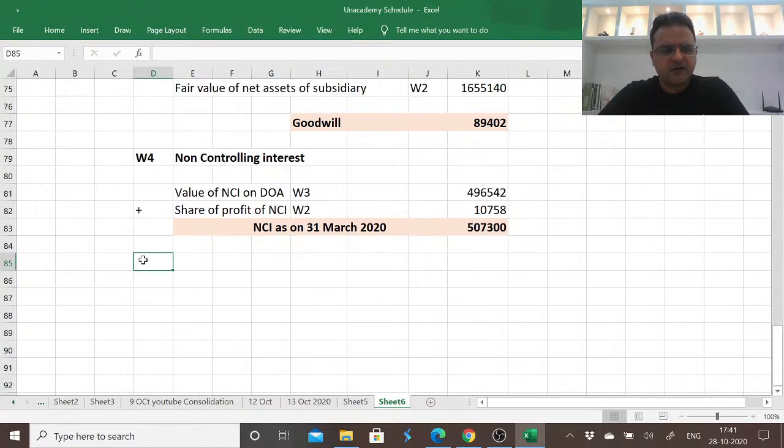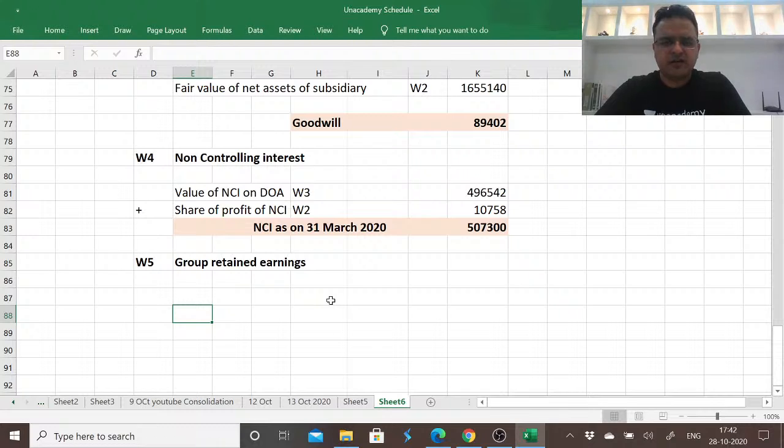Working note number 5 is group retained earnings. In the group retained earnings, we need to include parents' earnings.